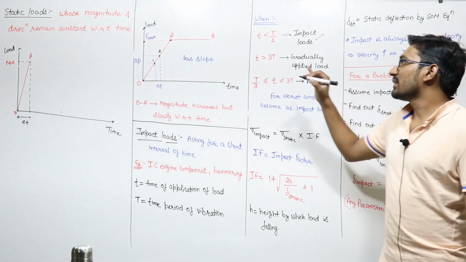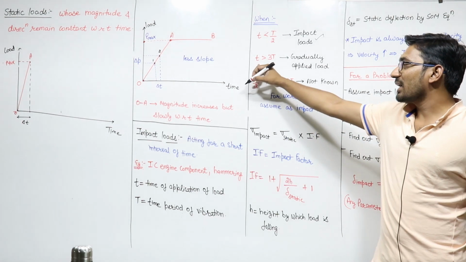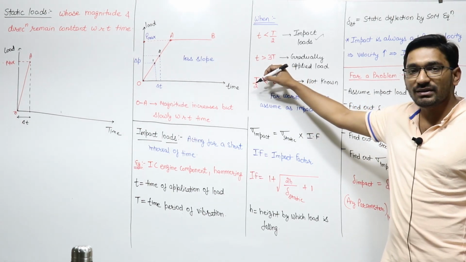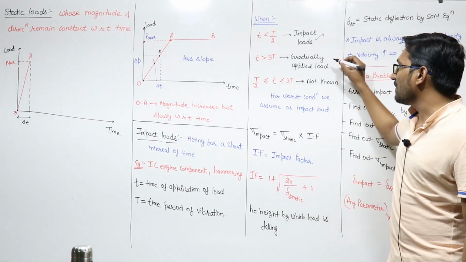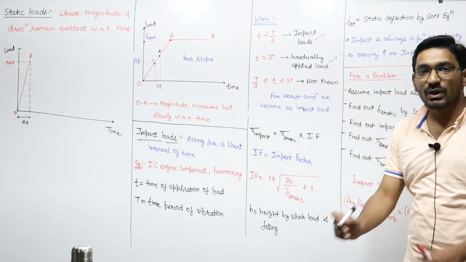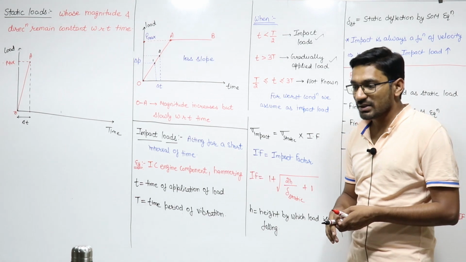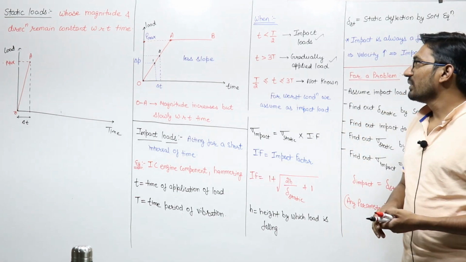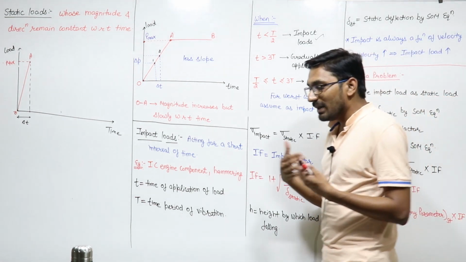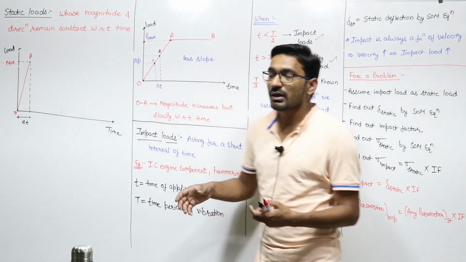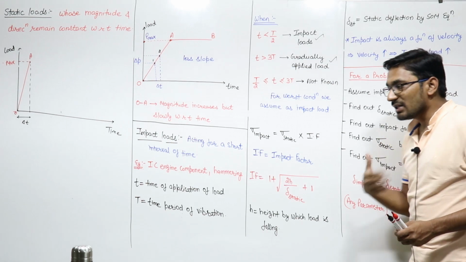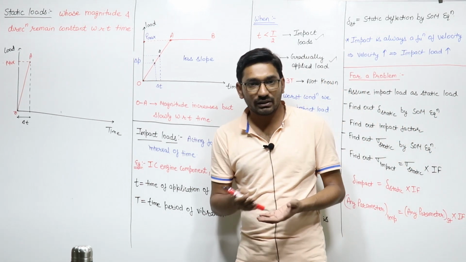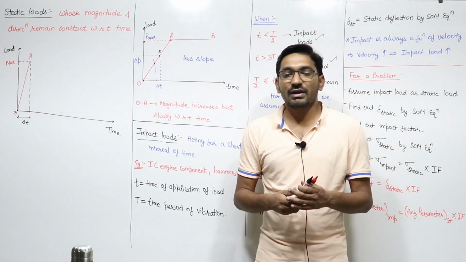And if the time of application of load is greater than 3 times the time period of vibration, then that type of load is known as a gradually applied load. This is the criteria. And if the time of application of load is in between T/2 and 3T, then whether the load is impact or gradually applied, we don't know.